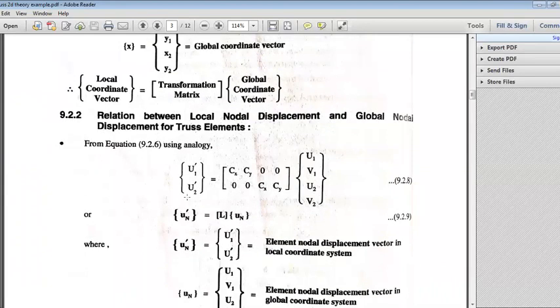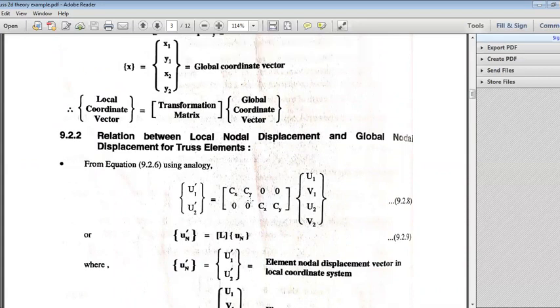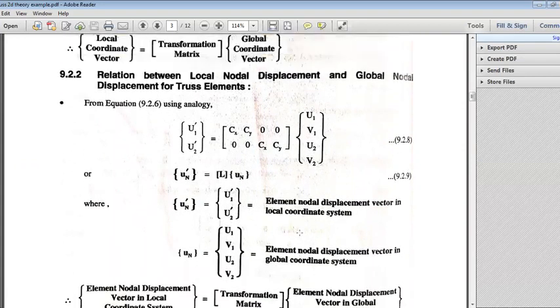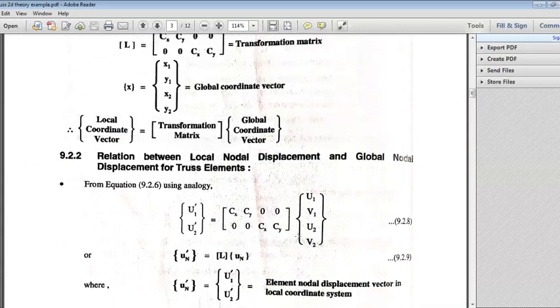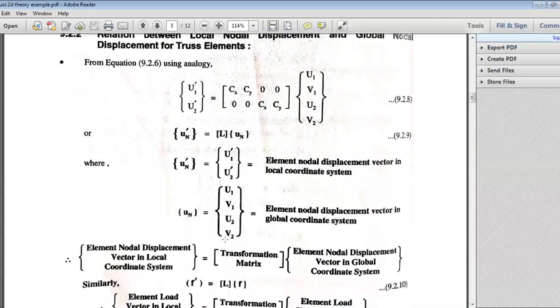Similarly, to find the nodal displacement and global displacement for the truss element, you can go this way. For the first node and second node displacement, right? The same transformation matrix you have to put, right? U1, V1, you know, are the displacement in the x direction and y direction. Element nodal displacement vector in the local coordinate system.